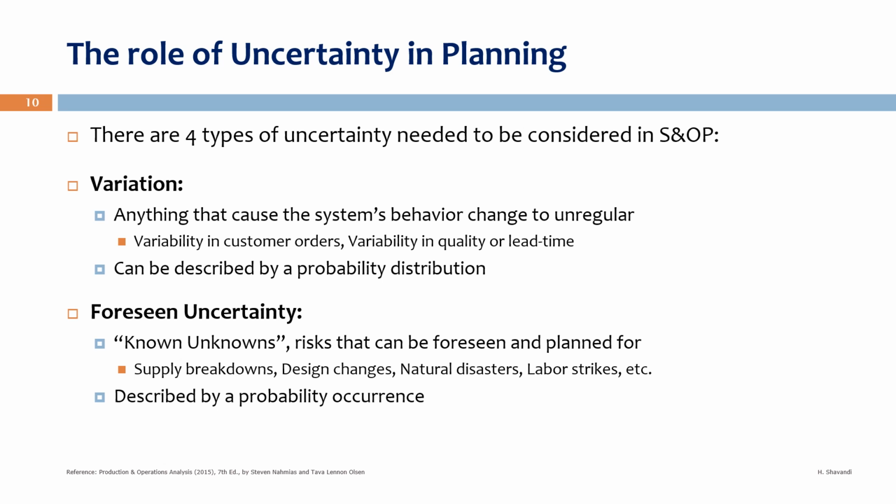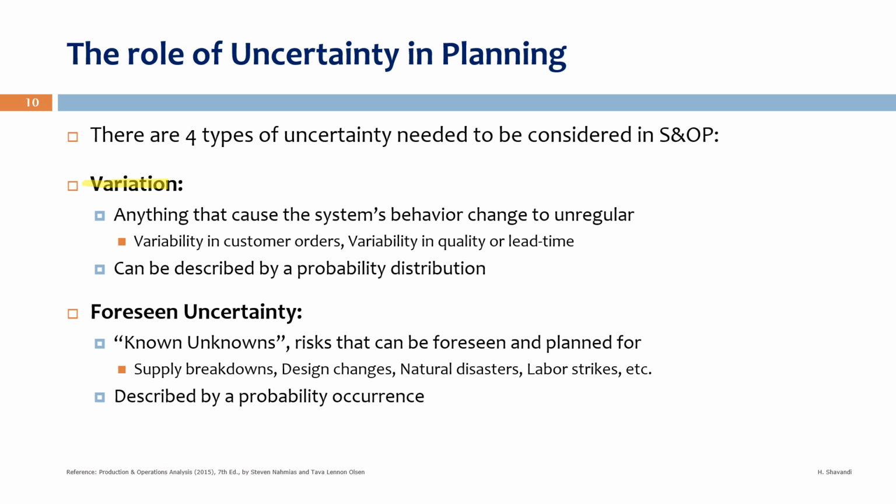So let's see what the types of uncertainty are in aggregate planning or the sales and operations process, and how we can deal with these types of uncertainties. The first type is variation. Here we have a regular behavior in the system, a regular process.